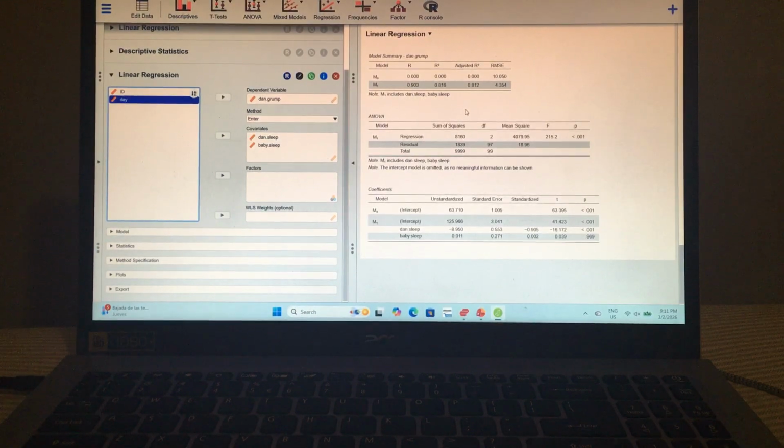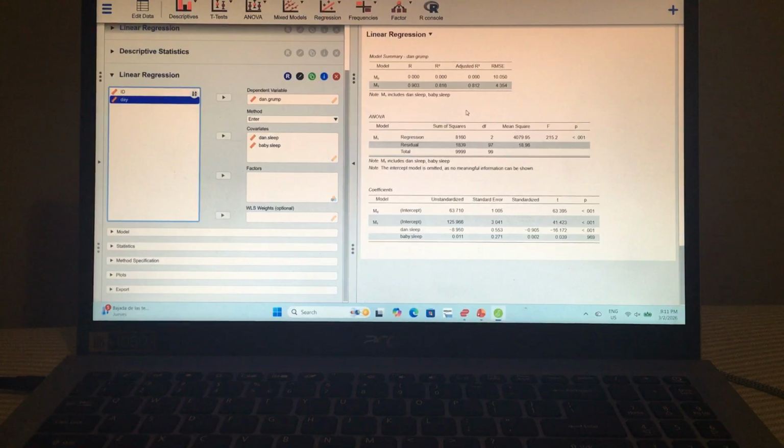So in this example, we had 2 independent variables and it was 100 minus 1 to give us our total degrees of freedom. So again, we have our 2 and we have our 97, 100 minus 2 minus 1 equals 97.